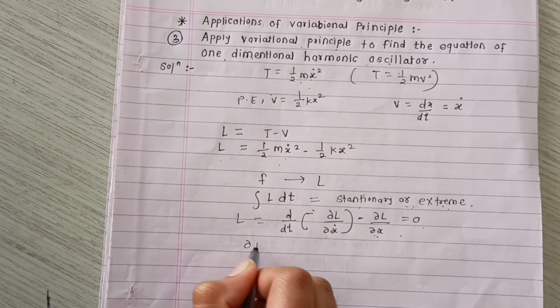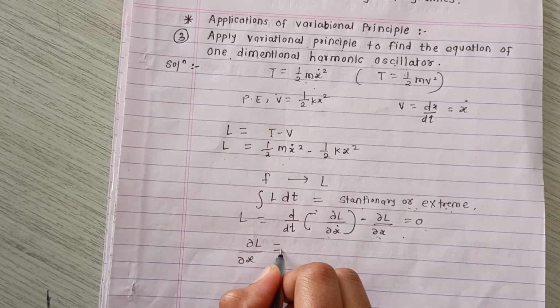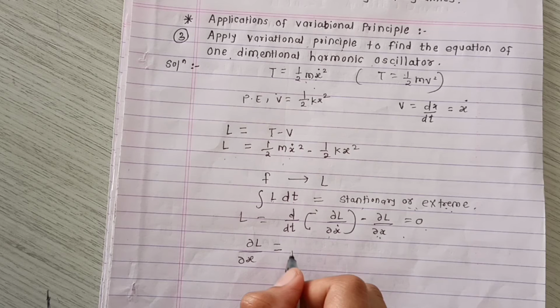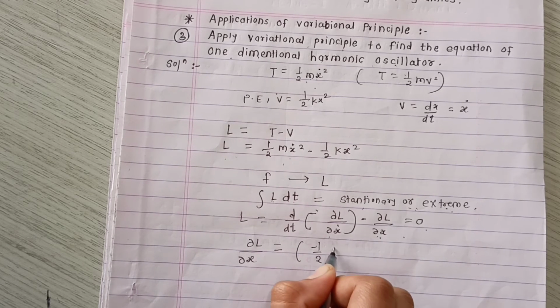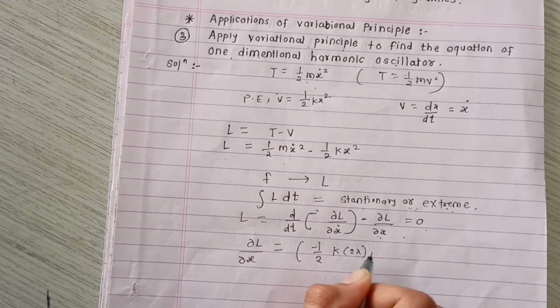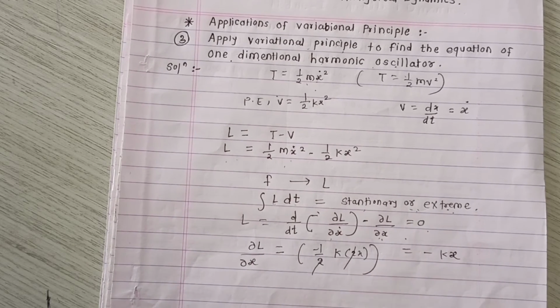First, the derivative of L with respect to x: ∂L/∂x is minus half k into 2x. The 2 gets cancelled, so we get minus kx.